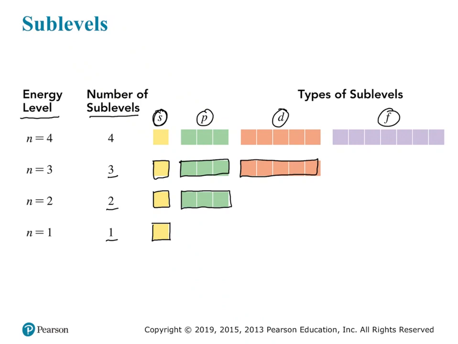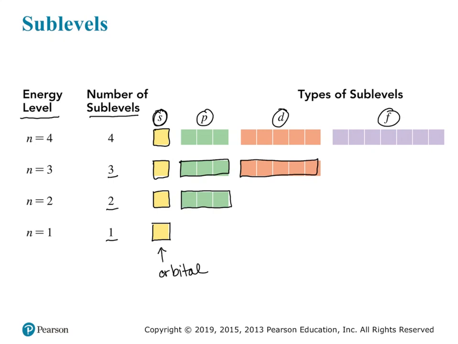Okay, so you'll notice that we're representing these sublevels with boxes. Each box is referring to something called an orbital. So you'll notice that the S sublevel only has one box or one orbital.